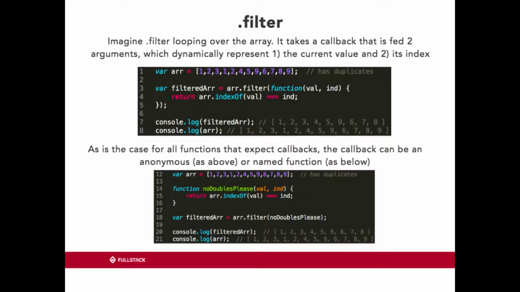For value and index, we don't have to assign those parameters. It's just going to look for 1s, then go look for 2s and then 3s.